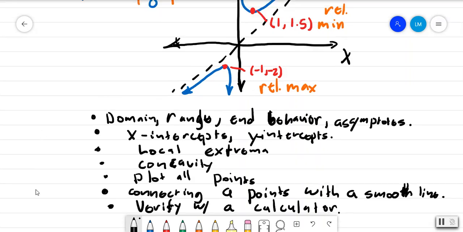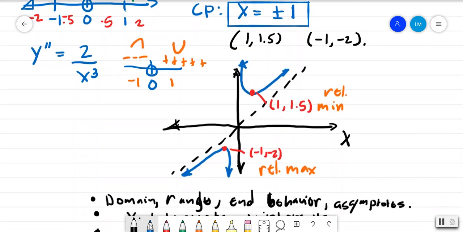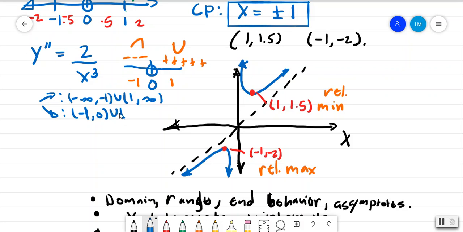Okay, so I think I forgot to include the increasing portions. So for example, we know that this function increases from negative infinity to negative 1, union from 1 to infinity, and then it decreases from negative 1 to 0, union from 0 to 1.